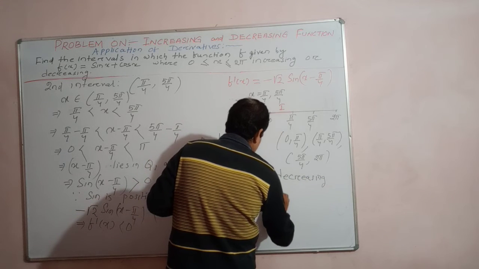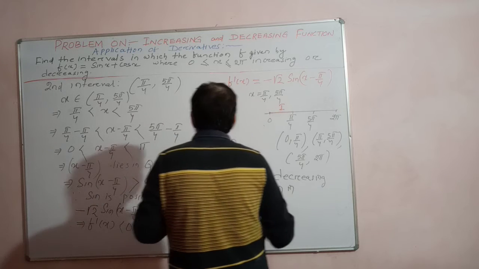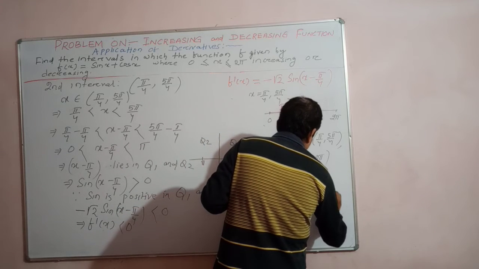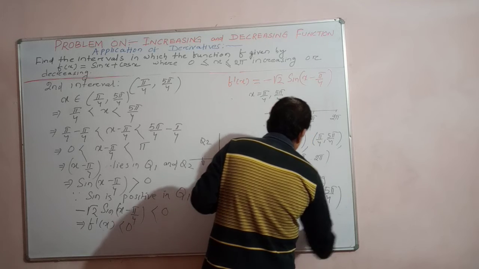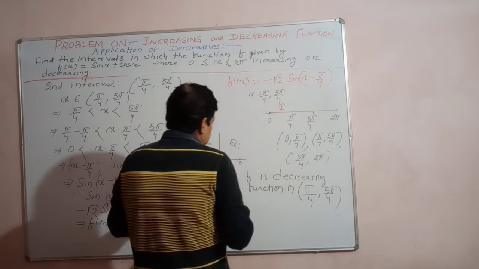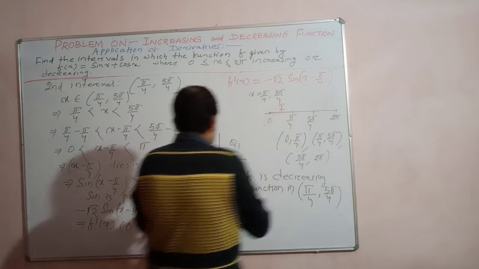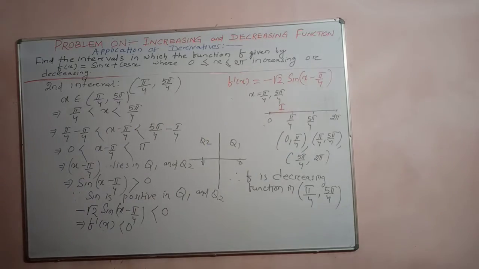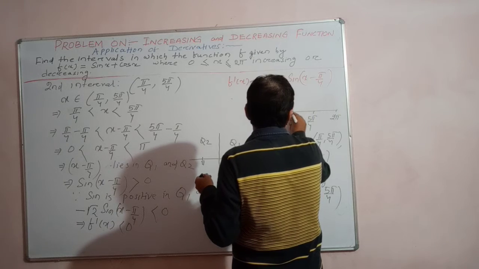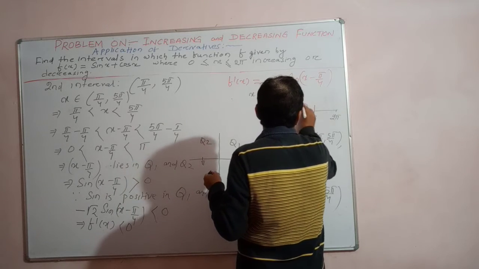Yes or no? In the interval pi by 4 to 5 pi by 4, hence f is a decreasing function. In the second interval, the function is decreasing. Yes or no? Yes. Is it clear? In the second interval, the function is decreasing.